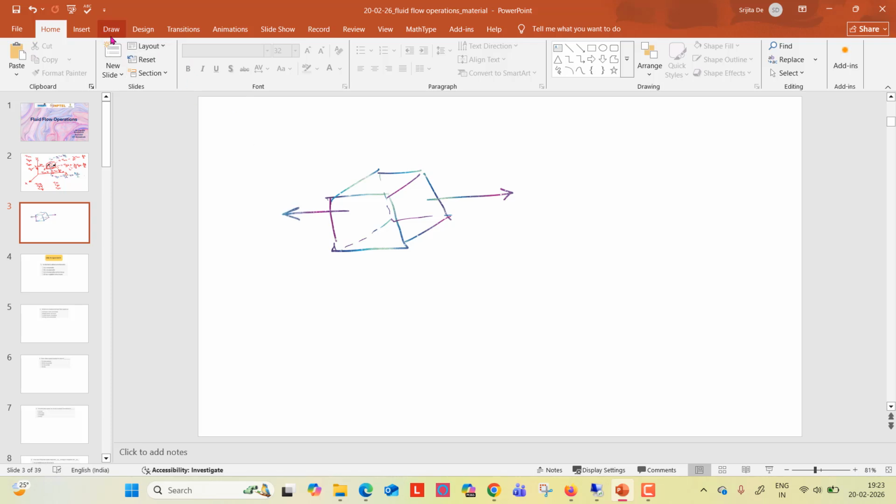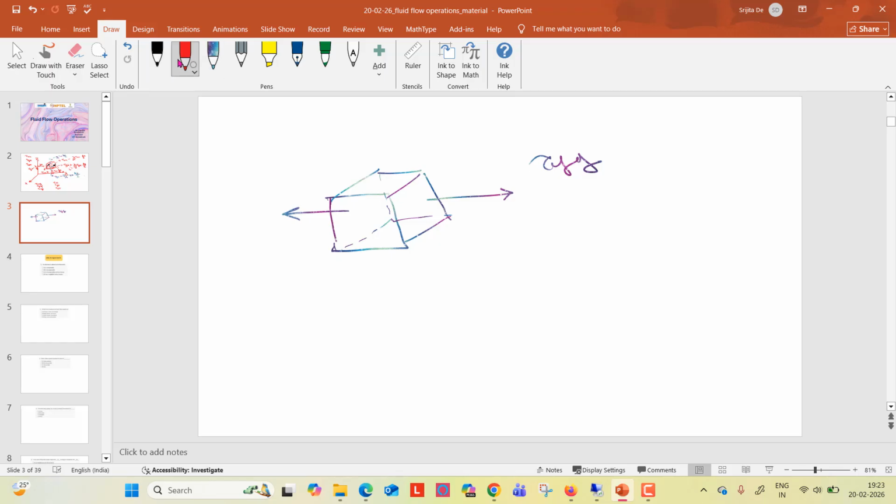Okay, this is tau yy. Next comes the tau xy. So tau xy will be in this direction and in the opposite direction. And what will be tau zy?